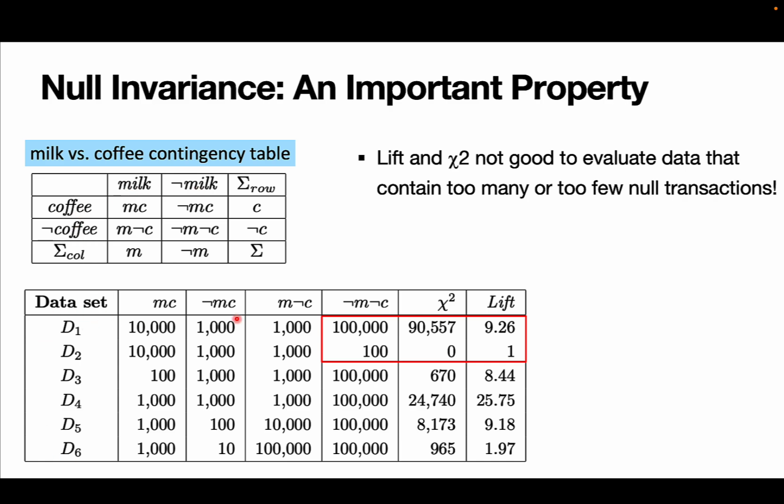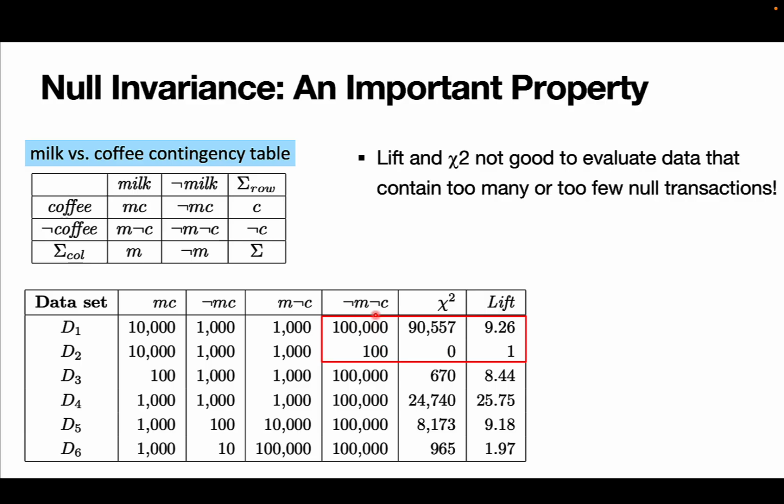So each row in this table is going to represent one instance of this contingency table. Let's take a look at dataset 1 and dataset 2. We have identical MC, not MC, M not C, but different number of null transactions, not M not C.